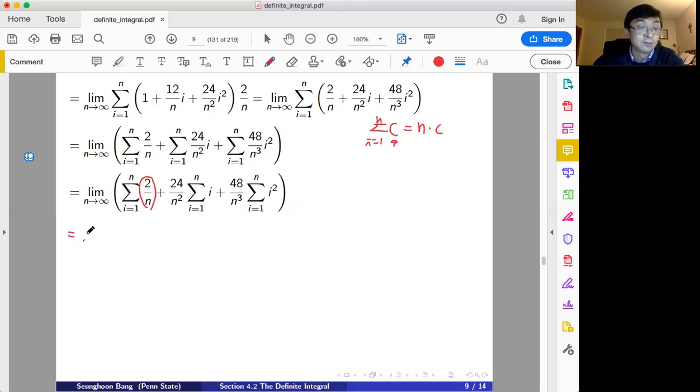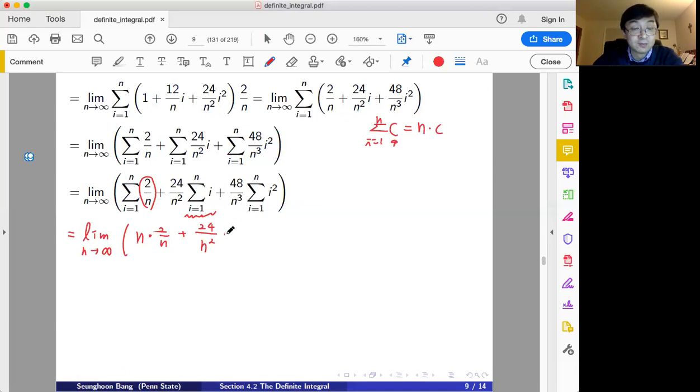So we have limit as n approaches infinity. This is n times 2 over n plus 24 over n squared. So we can consider the previous summation formulas. What is summation i, i equal to 1 to n?